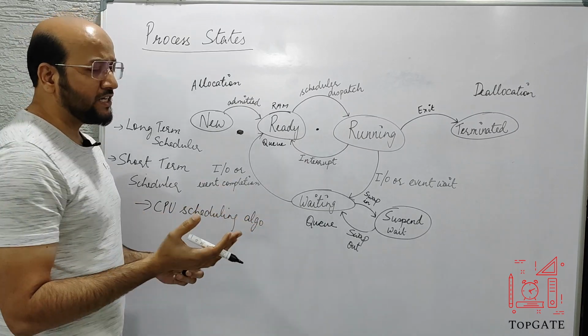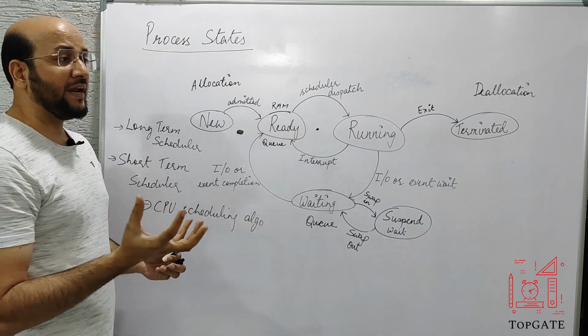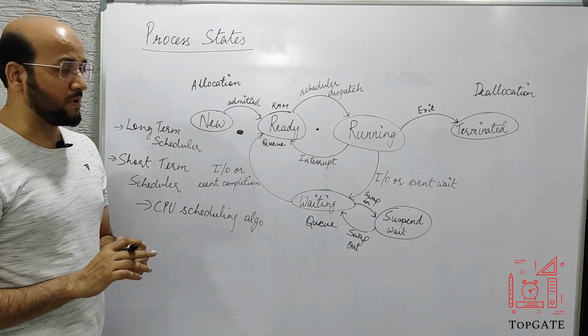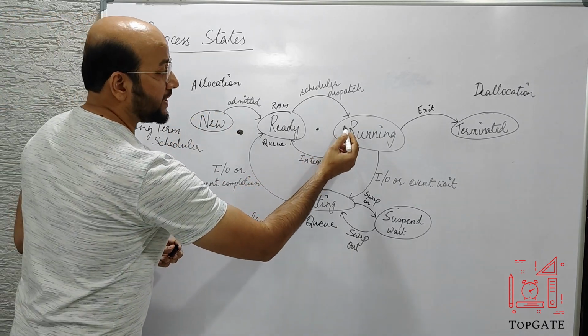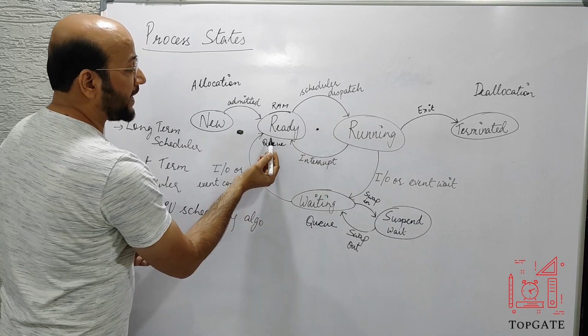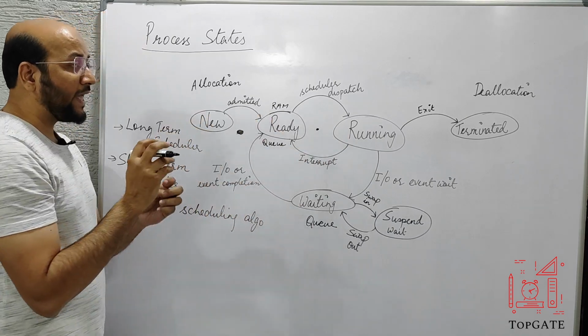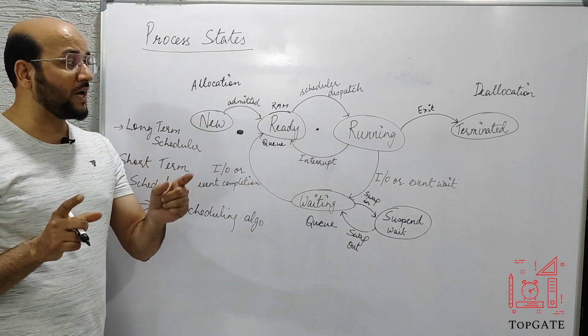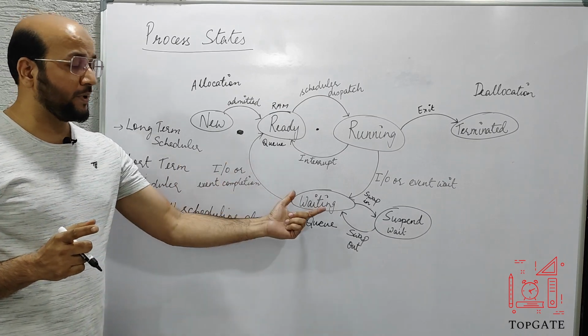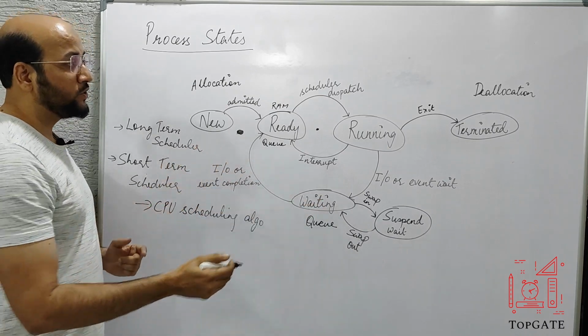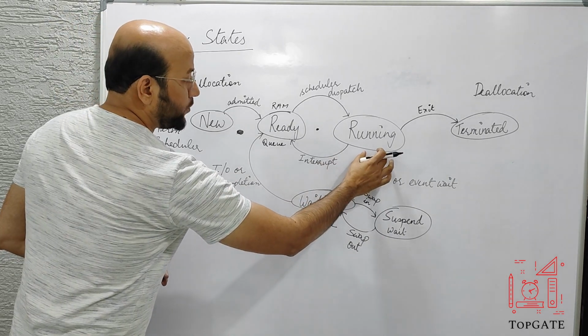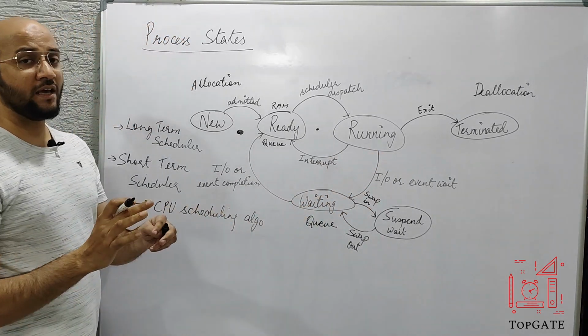Suppose it needs some data which is there on the secondary memory. Now the process which was in the running state was residing on the RAM, and the access speed of the RAM is very fast as compared to the access speed of the secondary storage. So taking the input from the secondary storage will take a lot of time.